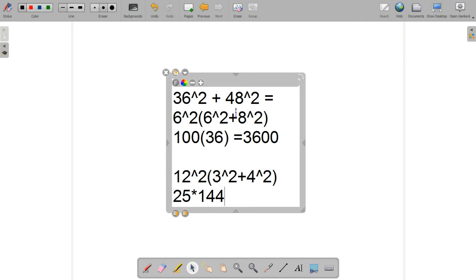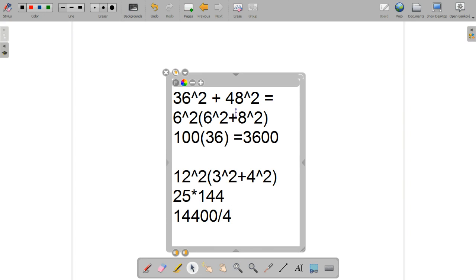That might look hard, but if you really think about it, 25 is just 1/4 of 100. So all you're really doing is this, divided by 4.